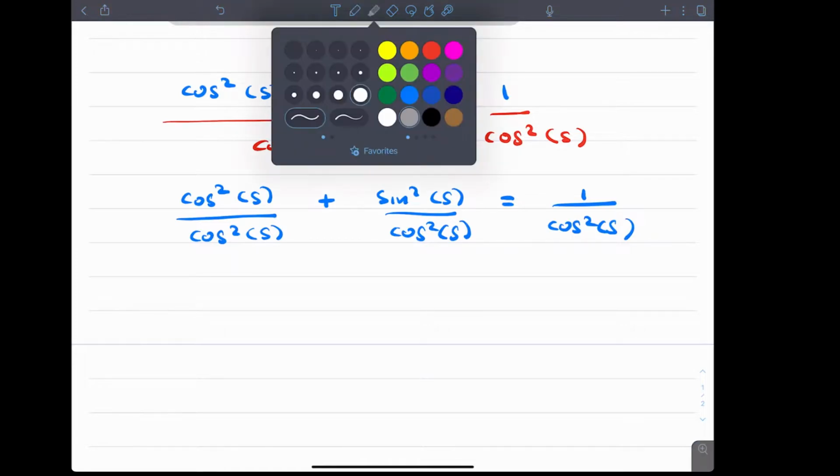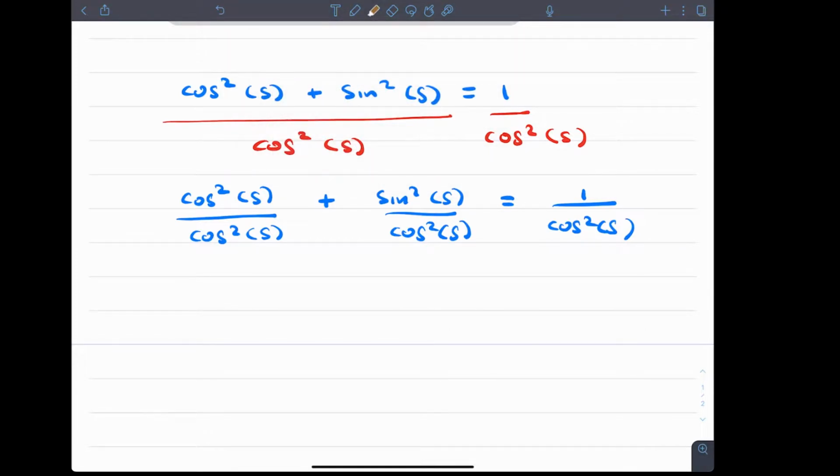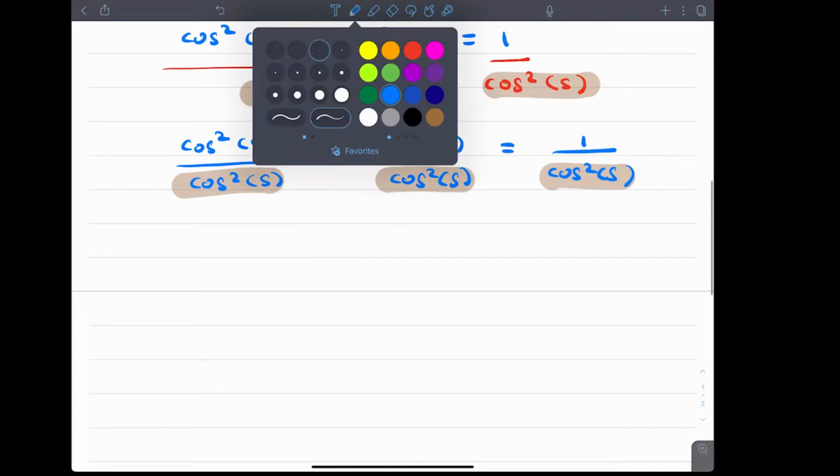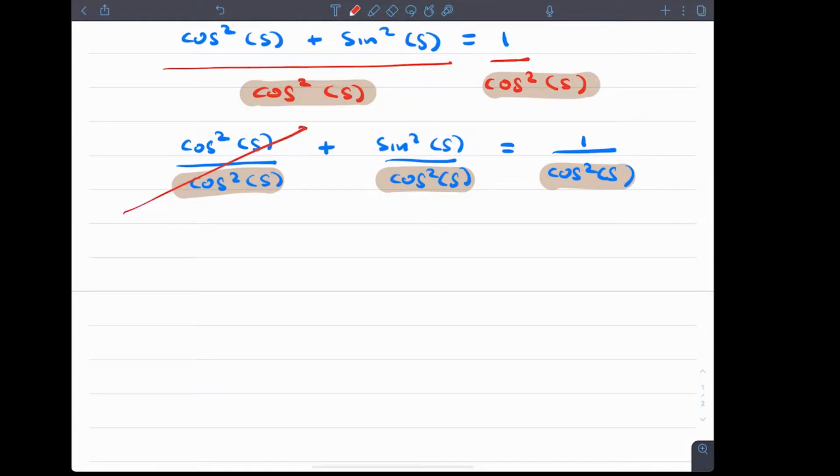Just by dividing both sides by what? Cosine squared s. Okay? You guys see that there? See what I'm saying? So on the left side, we're distributing the division. Now, anything divided by itself, what is this portion here? You see what this is? What's this? 1. Good.